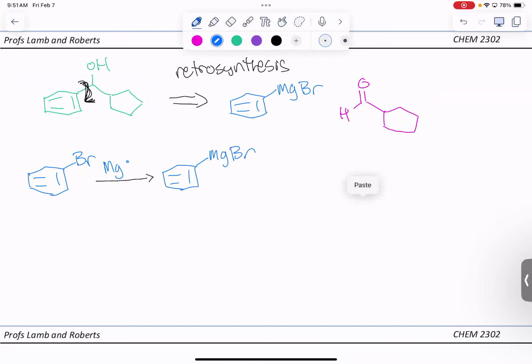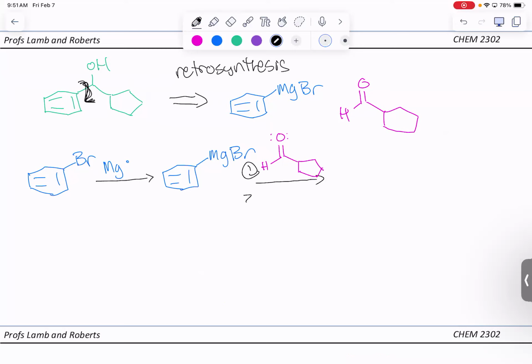Okay, great. Now the next learning objective said that that's how we can make our alcohol. So let's bring in our carbonyl compound. All right, this would be our step 1. I would draw a 1 there.